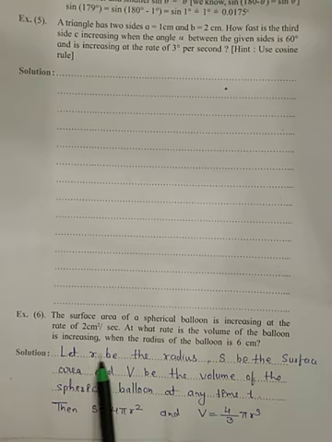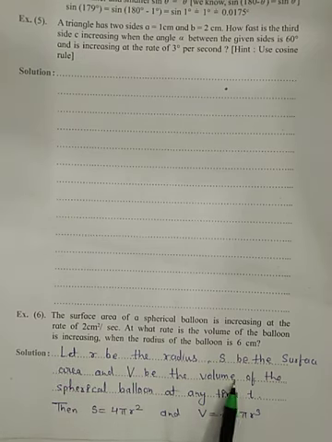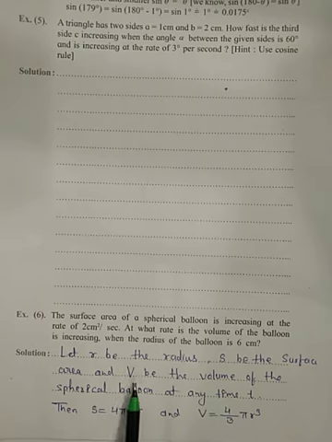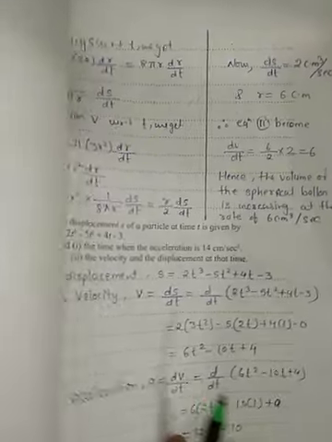Let us start. Let r be the radius, S be the surface area, and capital V be the volume of the spherical balloon at any time t. Then the formula for surface area is 4 pi r square, and volume is 4 upon 3 pi r cube.